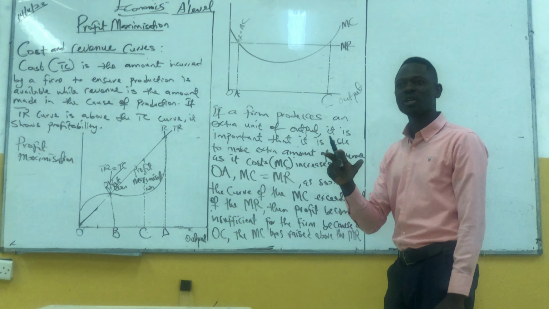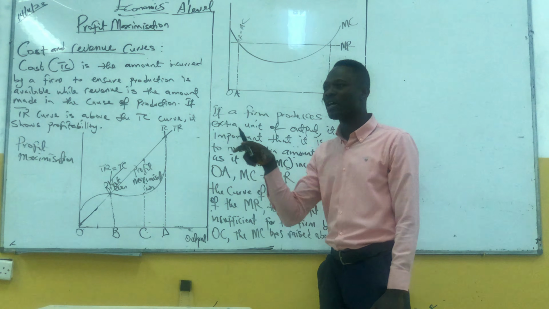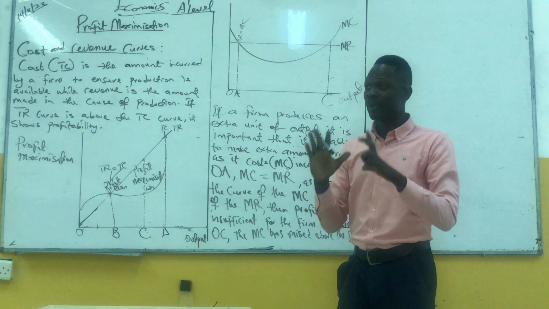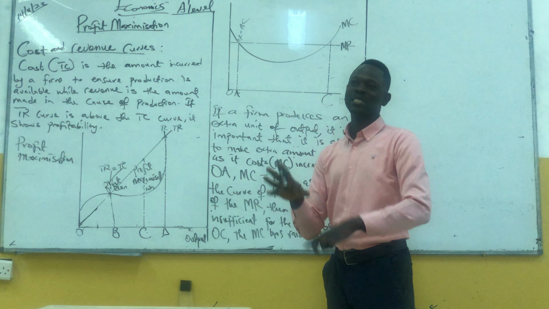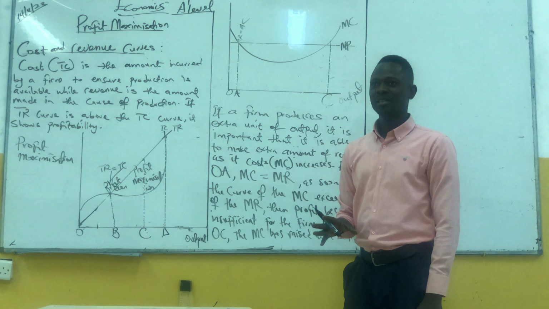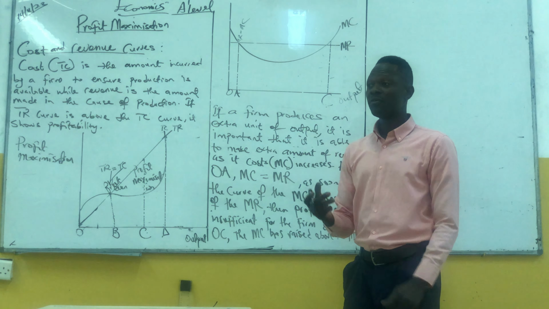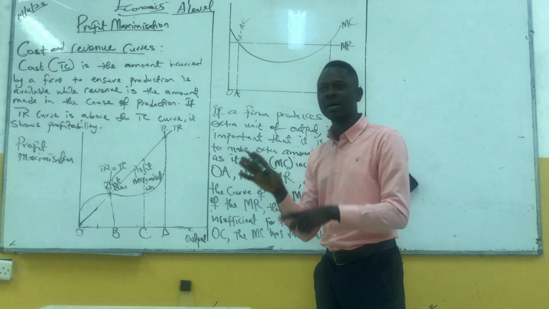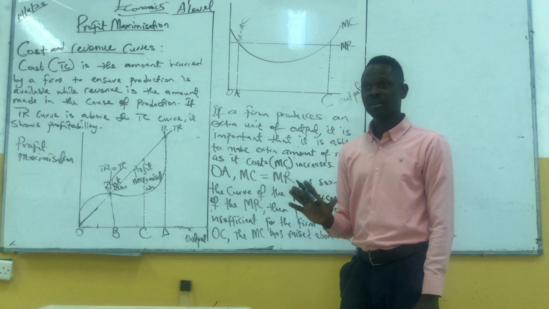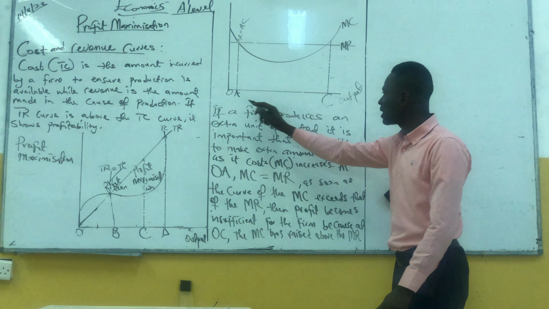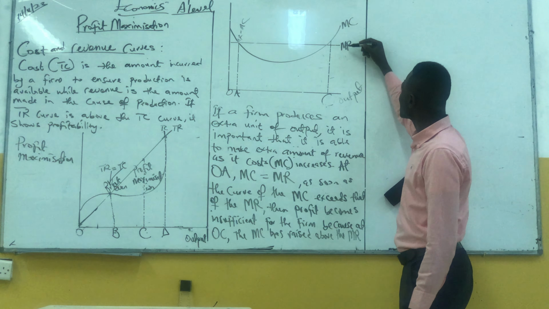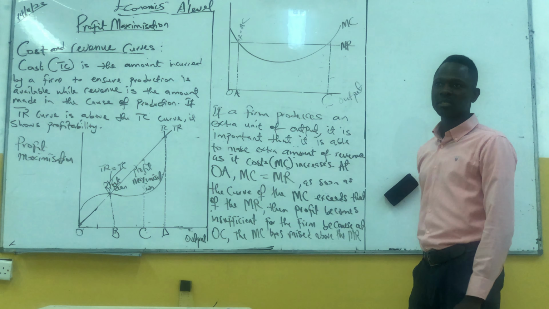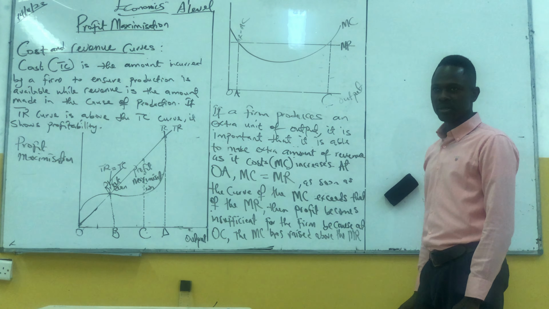If you are producing an extra unit of output, you will incur an extra cost, which is marginal cost. If your marginal cost is the same as your marginal revenue, you are still in profit maximization. That is the rule. But anything above it, like at OC, your marginal cost has increased above the marginal revenue, and the profit is no longer sufficient. Any questions about the graph? Is it clear?